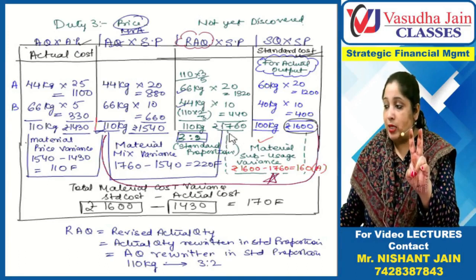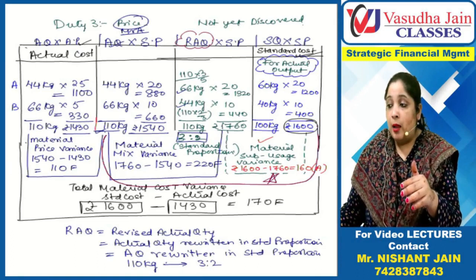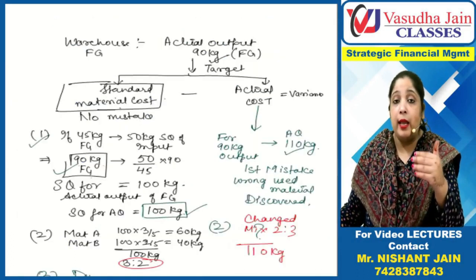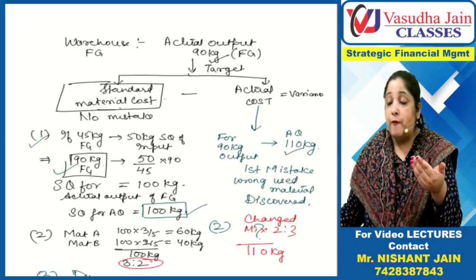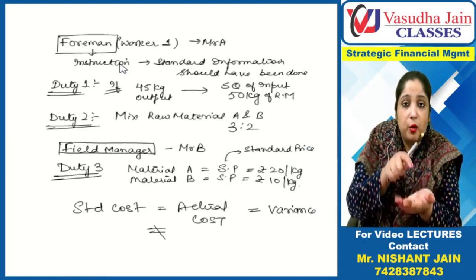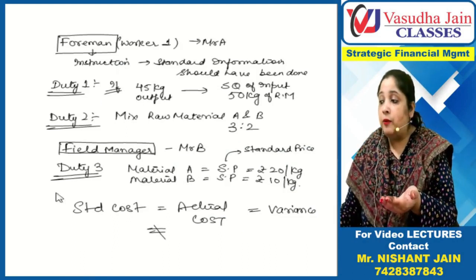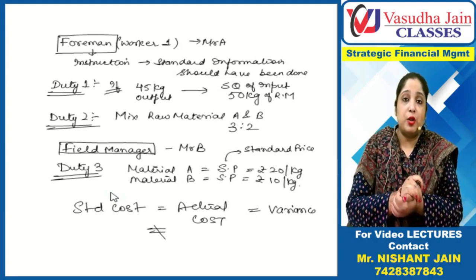After considering the two mistakes of the foreman only, whom should I hold responsible for the mistakes? I have to tell the foreman, because of you, this much amount of loss I have suffered. Then I have to tell the field manager also, because of you, this much loss I have to bear.